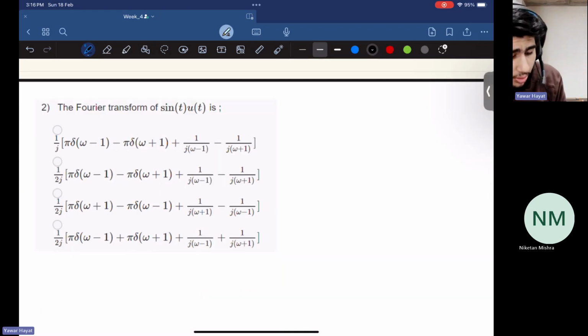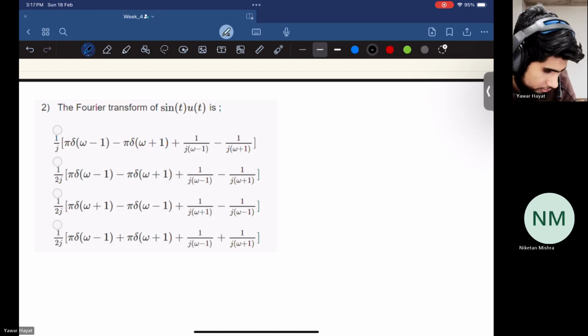The Fourier transform of sine of t u of t. I'll wait a minute. You may attempt it and let me know the answer in the chat. Which option is correct? You might need these results.